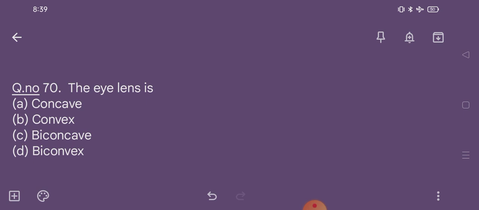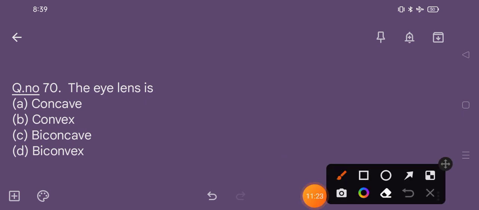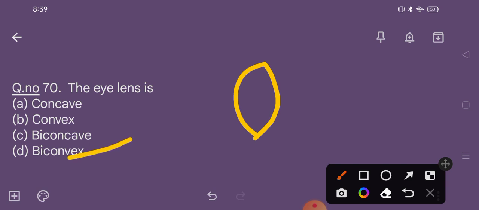Question number 70. The eye lens is: option A is concave, option B is convex, option C is biconcave, option D is biconvex. जो लेंस होता है वो बेसिकली biconvex होता है। So option D is correct one.